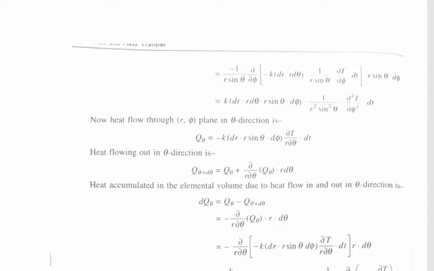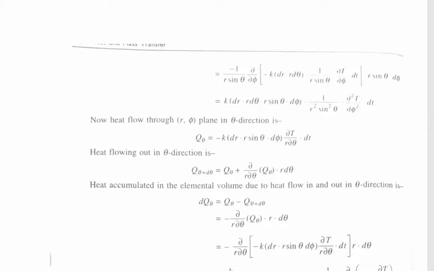The heat flow out in the theta direction, that is q theta plus d theta, will be equal to q theta plus ∂q theta/∂theta into r d theta.